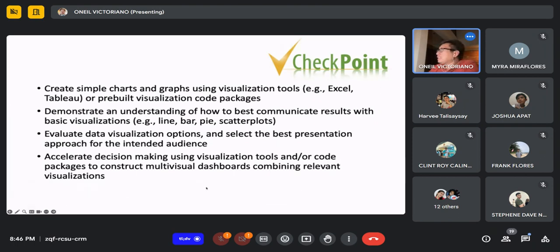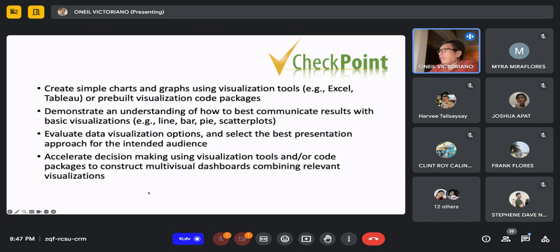So the idea for visualization is you know how to create charts and pre-build visualizations. You have to demonstrate what's best to communicate results for visualization. So what's the main objective for a particular content or visuals in particular data: to evaluate data visualization options and to select the best presentation approach for the intended audience.